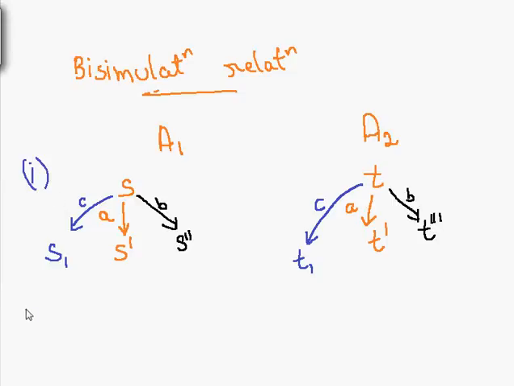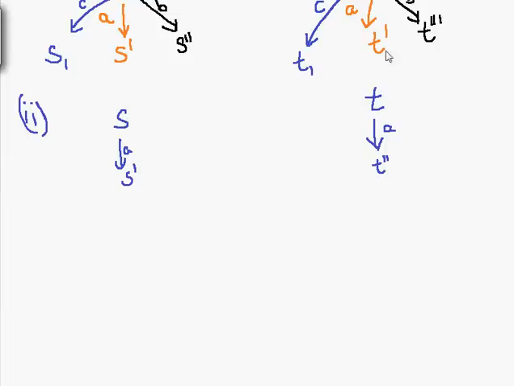The second condition is just vice versa. If there is a transition in the second label transition diagram, like T to T dash with action A, I should have in the first transition diagram also S to S dash. So the same thing follows here, what we learned from the first rule.